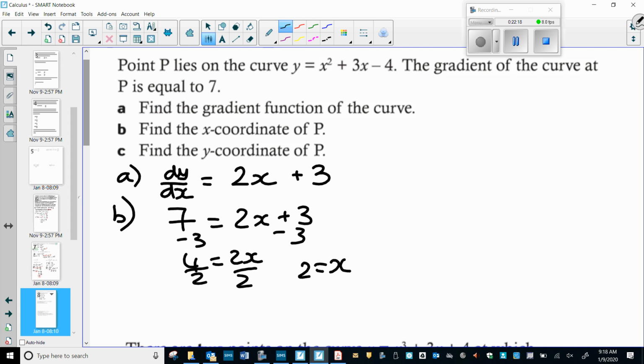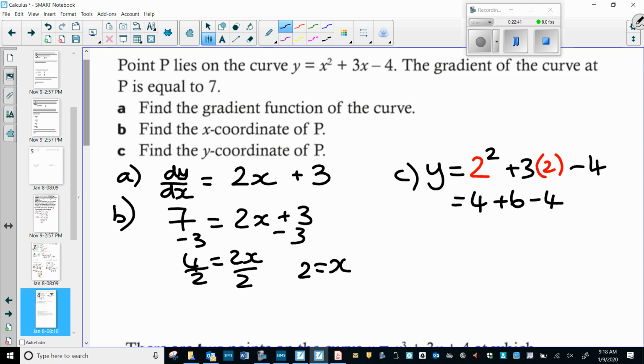Yes, and this is a rule to find y. That's what y equals. All right, so y is equal to 2 squared, 3 lots of 2 minus 4, so 4 plus 6 minus 4.